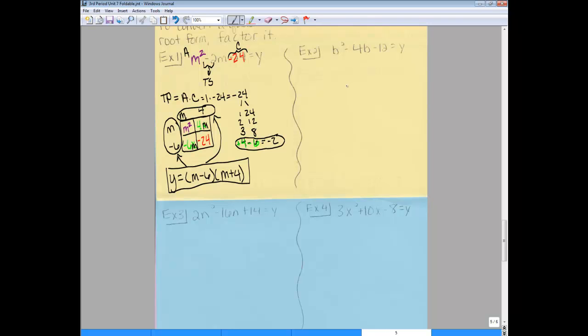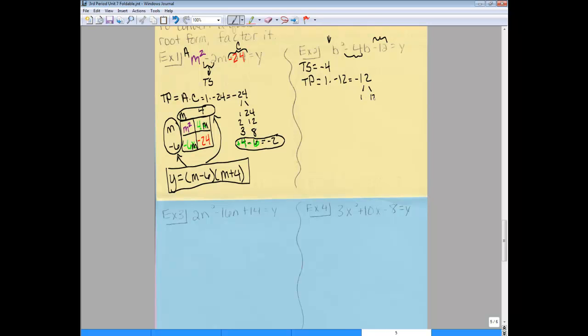All right, this one is done basically the same way. Our target sum is -4. Our target product is 1 times -12, which is just -12. We come up with factors of 12.